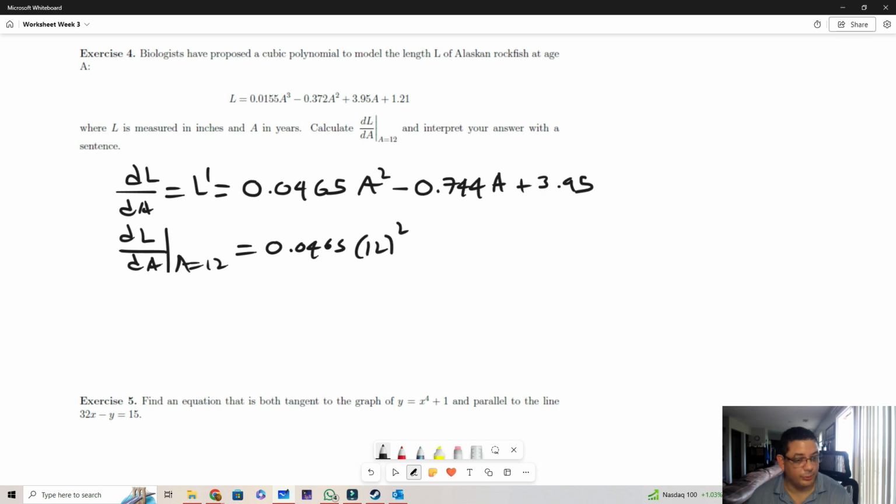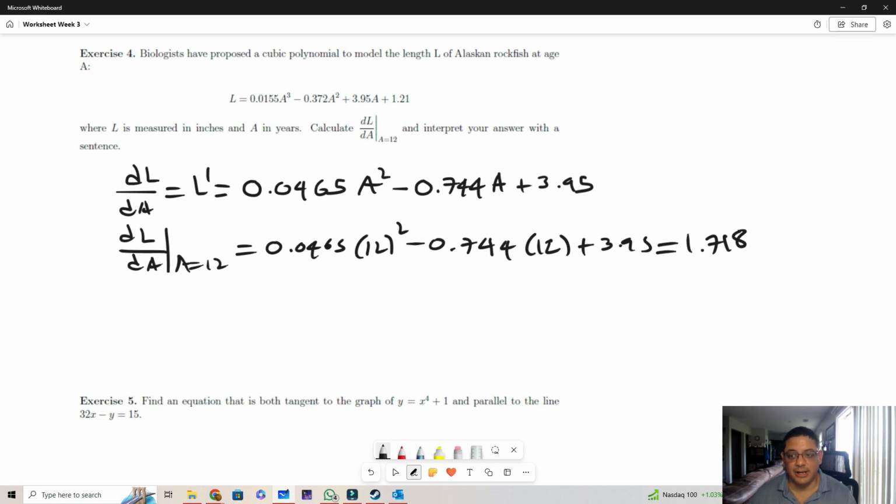So here, 12 squared minus 0.744 times 12 plus 3.95. I just did it with a calculator, but you can perfectly do this by hand. Okay? Or when you're doing it here, you can just do it with a calculator. In an exam, you won't be able to do it, but in an exam, you probably won't get this complicated numbers.